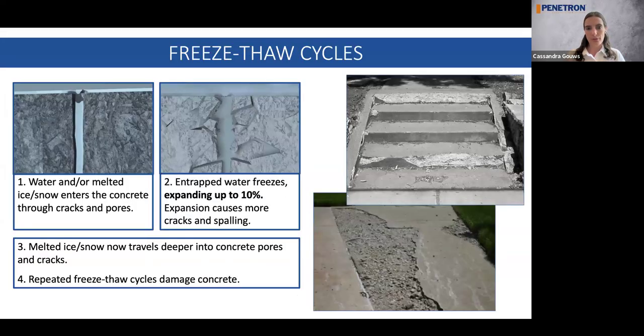So the second deterioration factor is due to freeze-thaw cycles. Now, your concrete is porous and permeable by nature. Water enters the concrete through rain, snow that's melted. And when that water that's inside of those cracks and pores is trapped and it freezes, so we get freezing conditions in the winter, that water, when it freezes, turns into ice, obviously, and it expands by up to 10%, causing excessive pressures inside of your concrete, causing your concrete to crack and spoil.